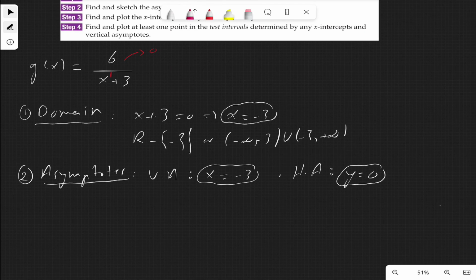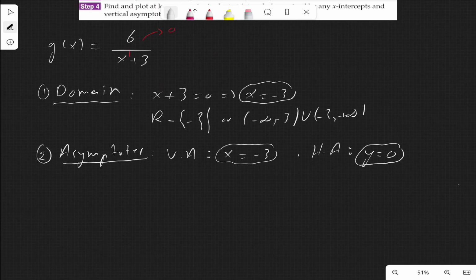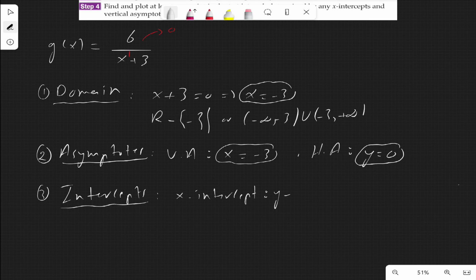Step number 3, intercepts. I'm gonna find the x-intercept by putting y equal to 0, which is the g of x, leading to 0 equal 6 over x plus 3.